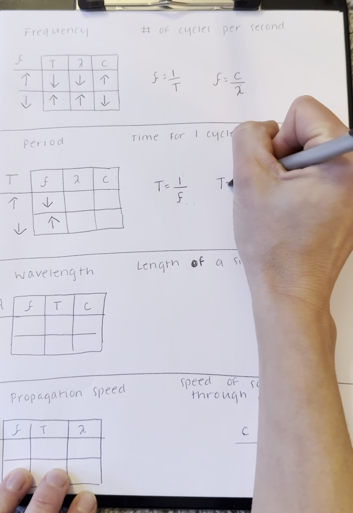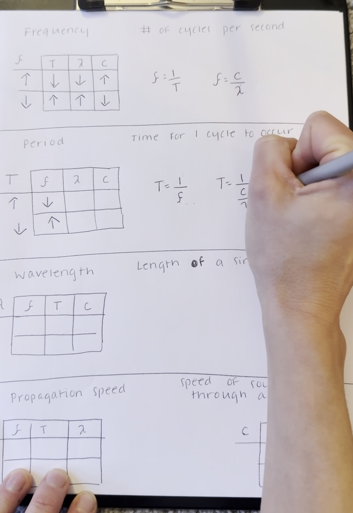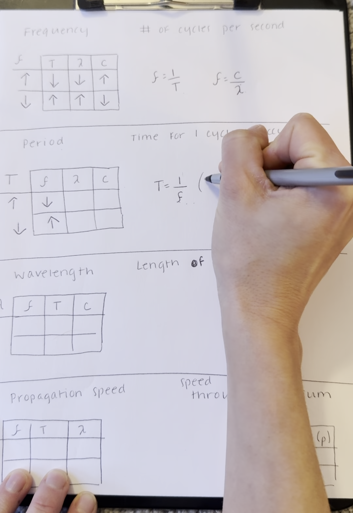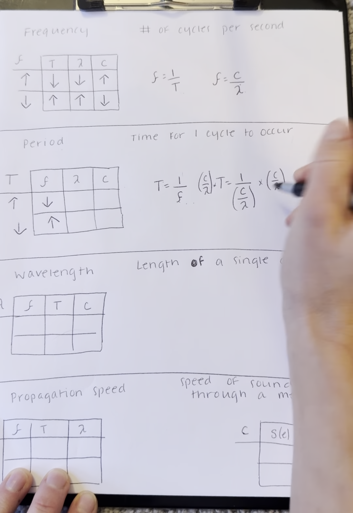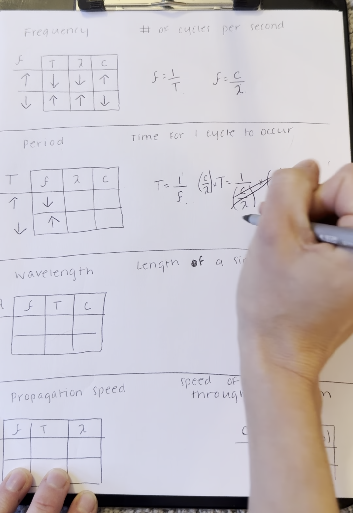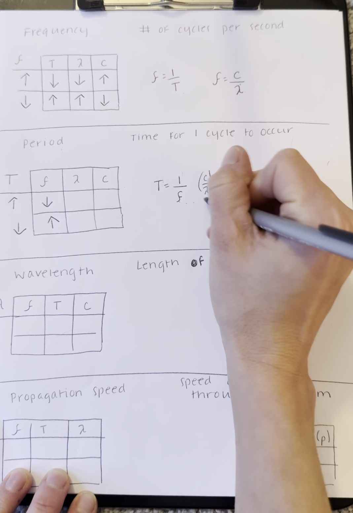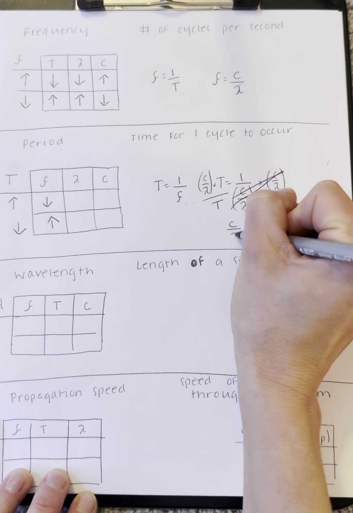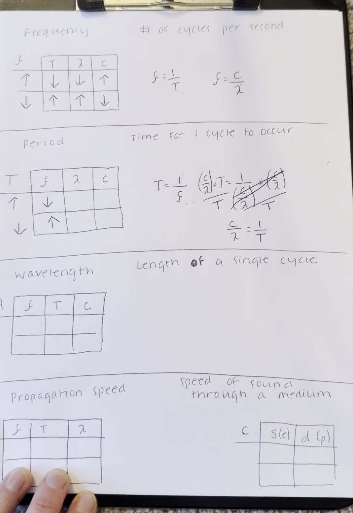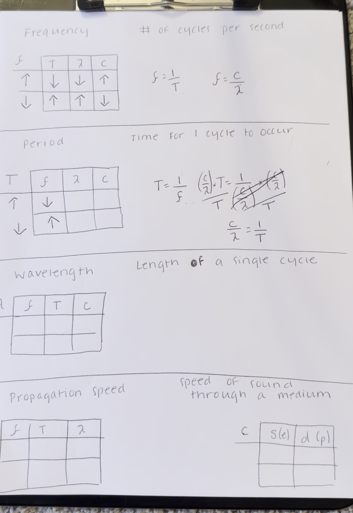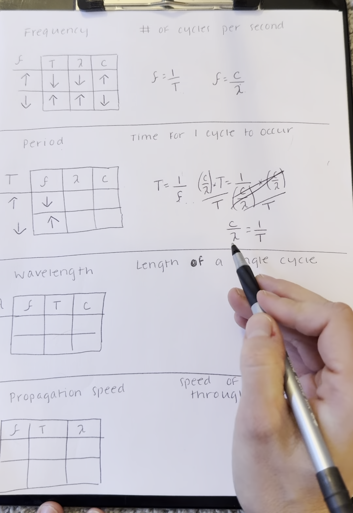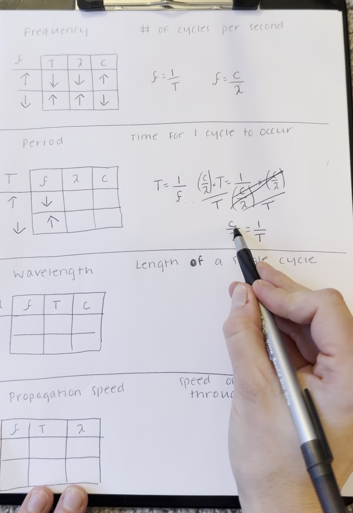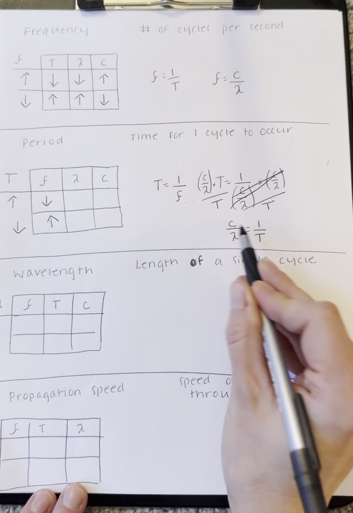So we'll do T equals 1 over that, and if we multiply out, we wind up with propagation speed over wavelength equals 1 over period. And then we can easily see that propagation speed and period are inversely related.